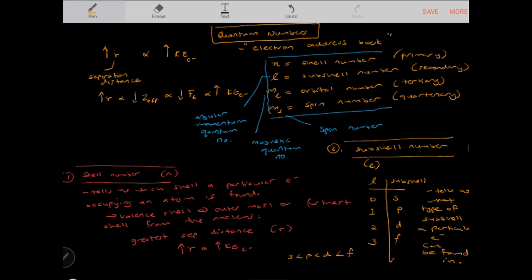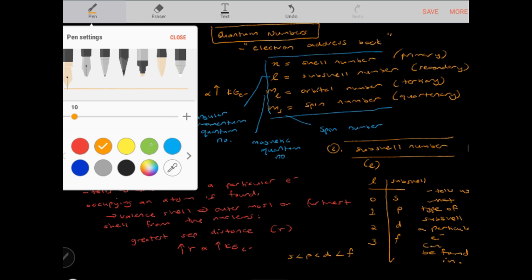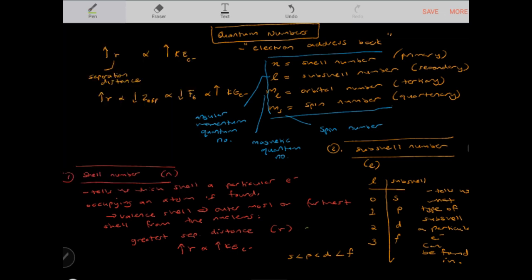So using this notion, we can actually figure out a particular subshell in a given shell, and the highest energy subshell in a given shell is indicated by this equation. L is equal to n minus 1, okay? Where L is the highest energy subshell in a given shell number, right?